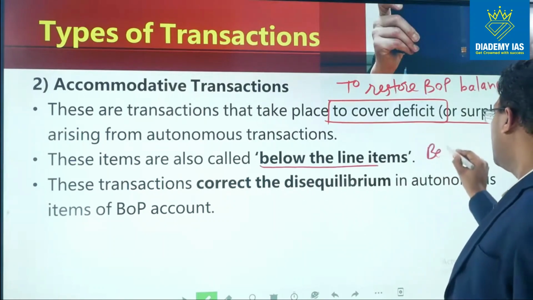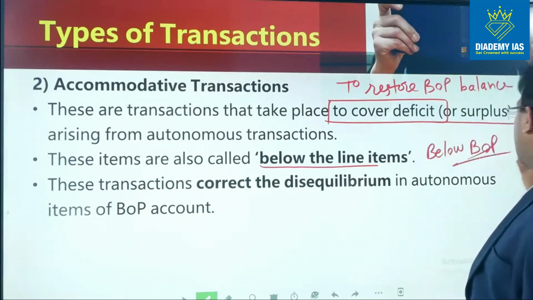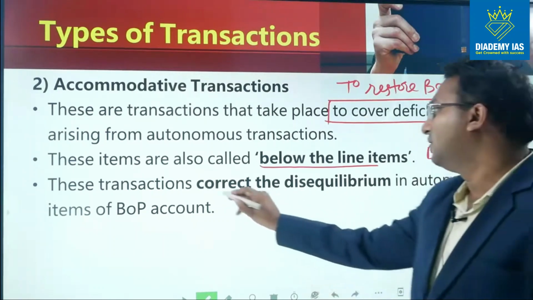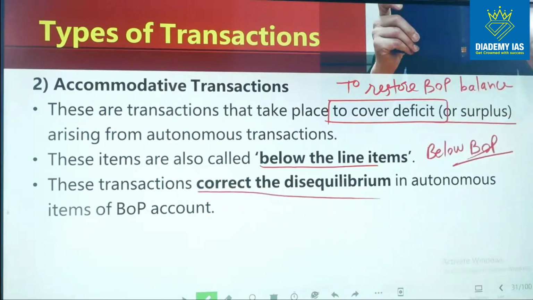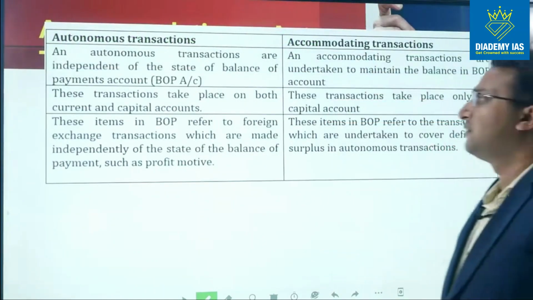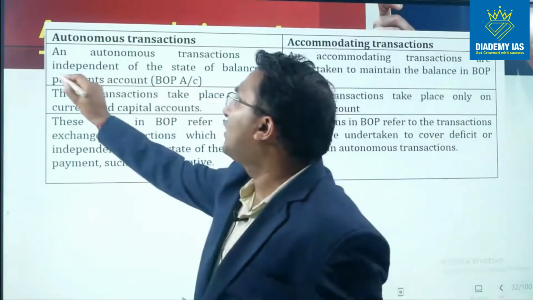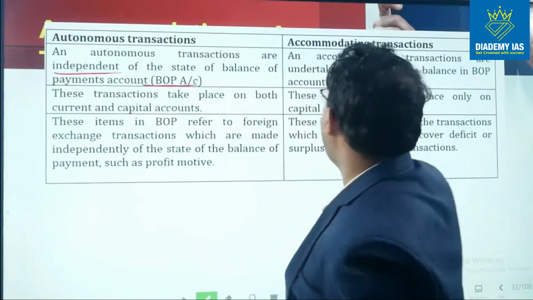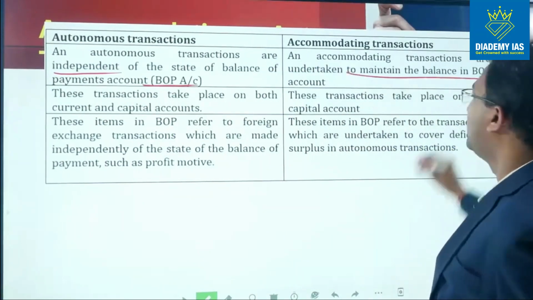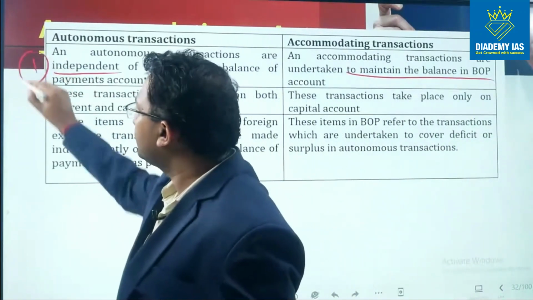Because they are below balance of payment. These transactions correct the disequilibrium which is caused by the autonomous items in the BOP account. So we can see here the difference. Autonomous transactions, they are independent of the BOP, and accommodating transactions, they are undertaken to maintain the balance in the BOP account. This is the first category of differences.